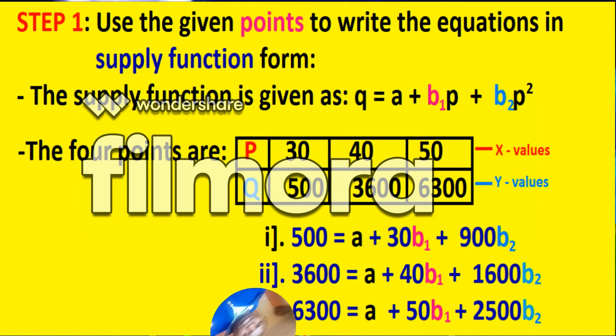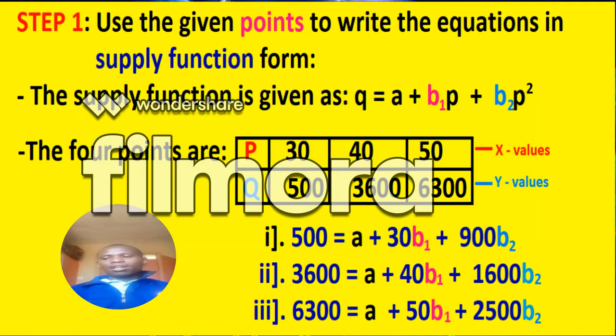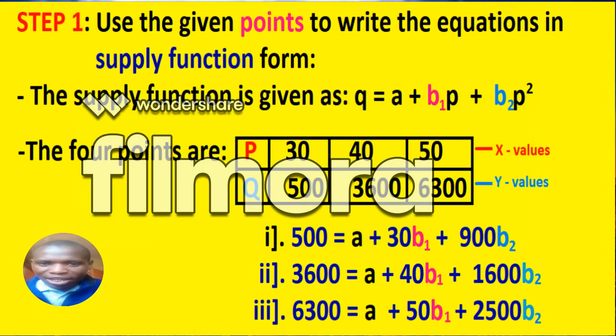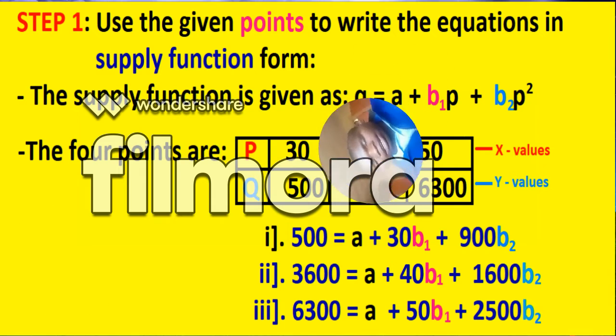Along P, those are X values. Along Q, those are Y values, and that's why the question can be in the form y equals A plus B1x plus B2x squared. So now, with the 3 points we have here, we can write 3 equations in supply function form.